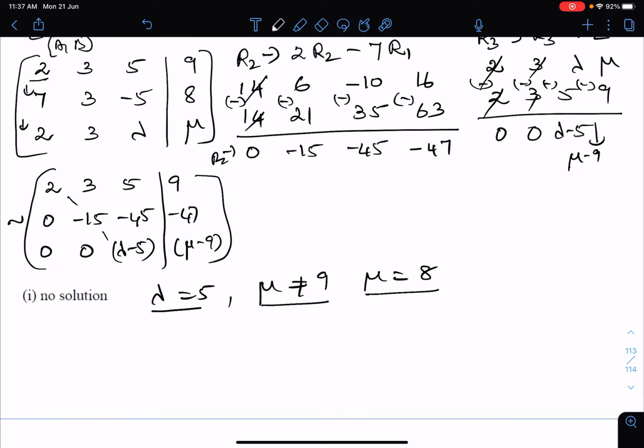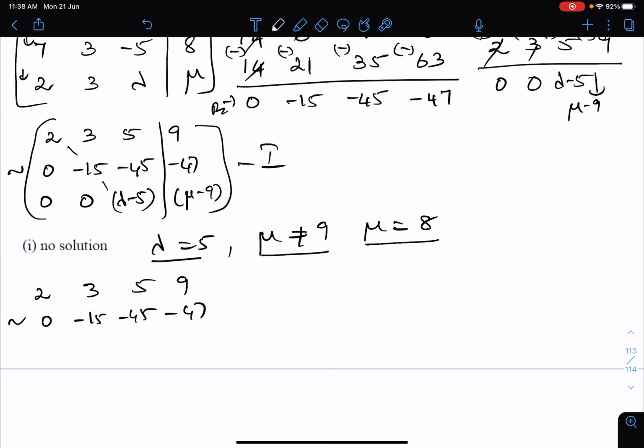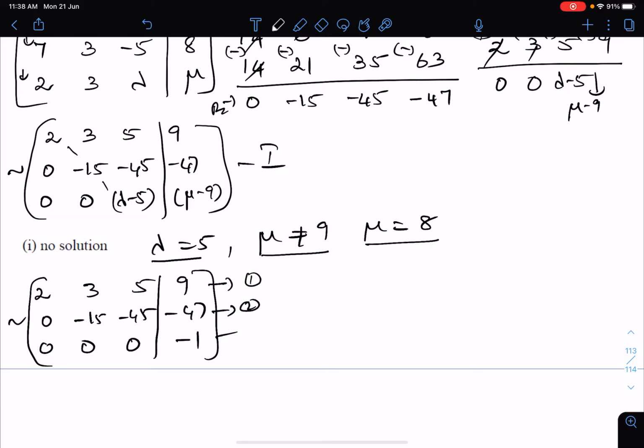Let us see. This is our Roman letter 1. It is going to be reduced to 2, 3, 5 and 9; 0, minus 15, minus 45, minus 47; 0, 0, lambda 5 minus 5 gets 0, and mu is 8, 8 minus 9, you get minus 1. Now we will see our non-zero rows: 1, 2 and 3. This is for augmented matrix A comma B. And what about A on the left hand side? 1, and this is going to be our 2.